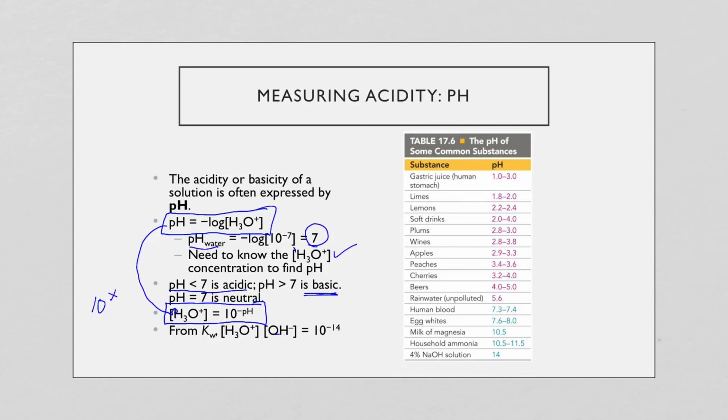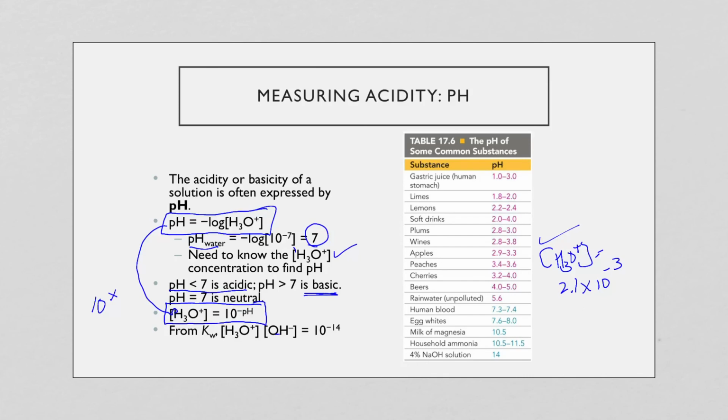Now, we could see how this pH scale makes things quite a bit easier, right? If I can say something has a pH of around 3, right, a lot of these things that we consume, that's a whole lot easier than saying, oh, that apple has a hydronium ion concentration of 1 times 10 to the minus 3, or 2.1 times 10 to the minus 3.